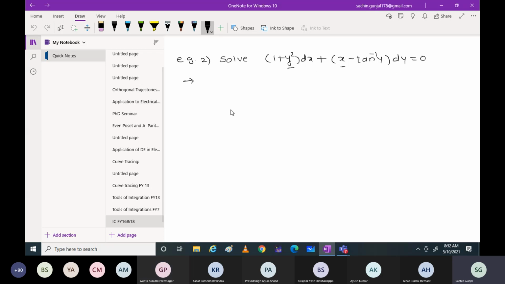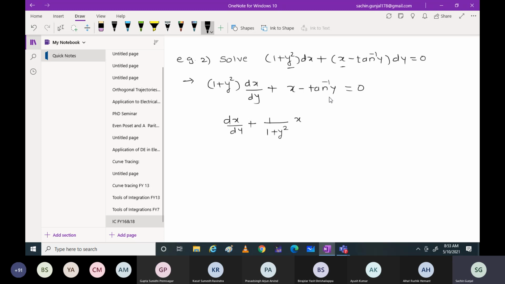So bring this dy here. So you will get (1 plus y square) dx upon dy plus x minus tan inverse y equal to 0. Now divide by 1 plus y square throughout. What you will get? dx upon dy plus 1 upon 1 plus y square into x.